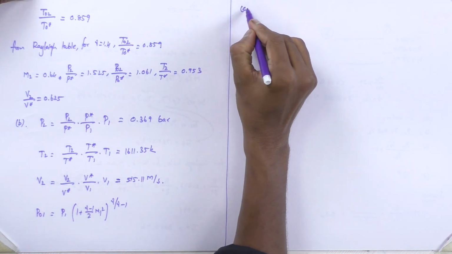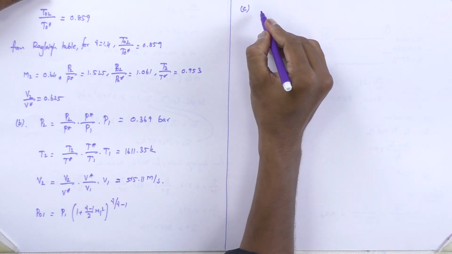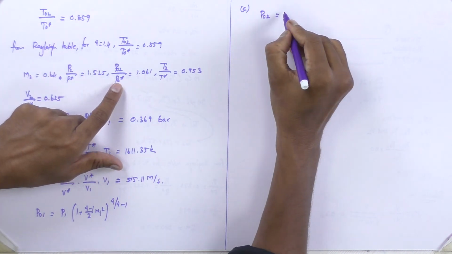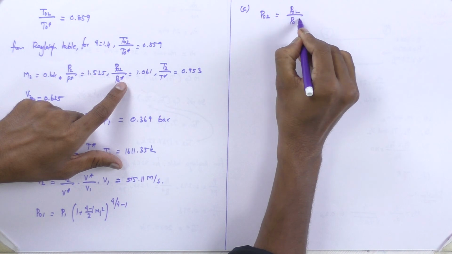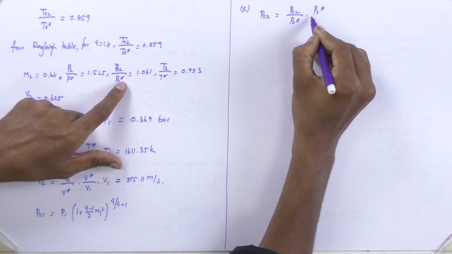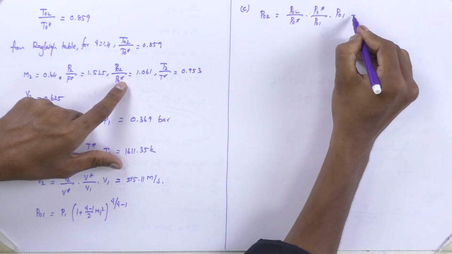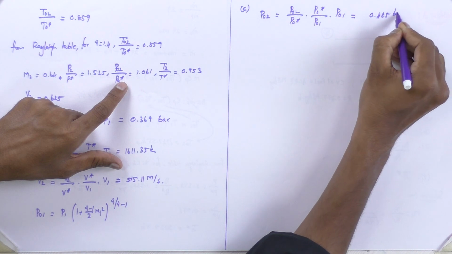For P02, again using the ratios, P02 divided by P0 star into P0 star divided by P01 into P01. After the substitution we will get this value as 0.485 bar.